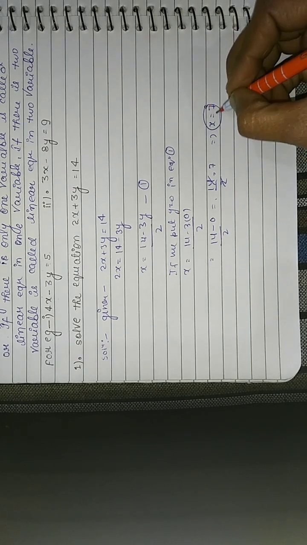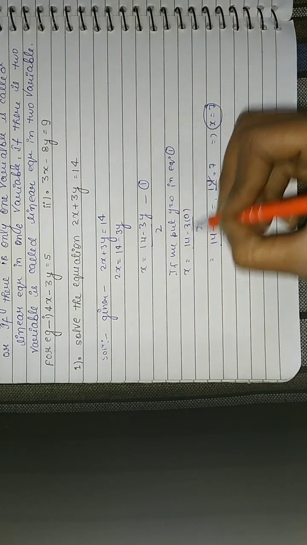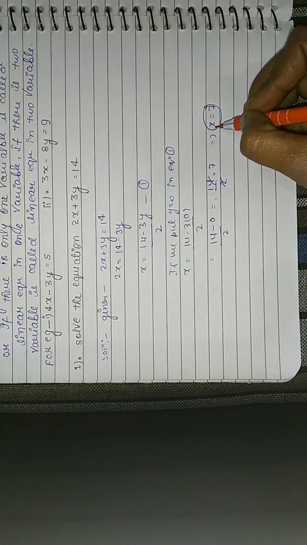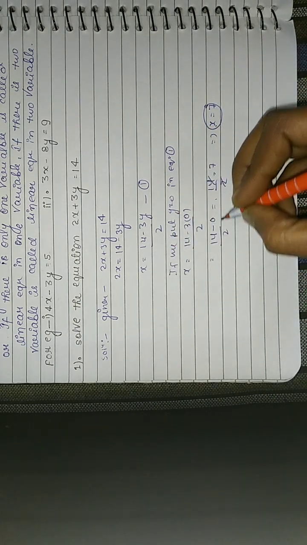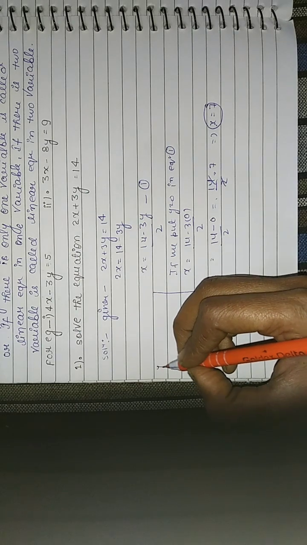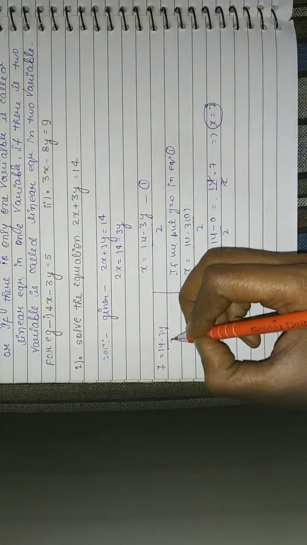So if we put x is equal to 7 in that equation, we can easily find the value of y. If we put x is equal to 7 directly in equation 1, I write here 7 is equal to 14 minus 3y upon 2.